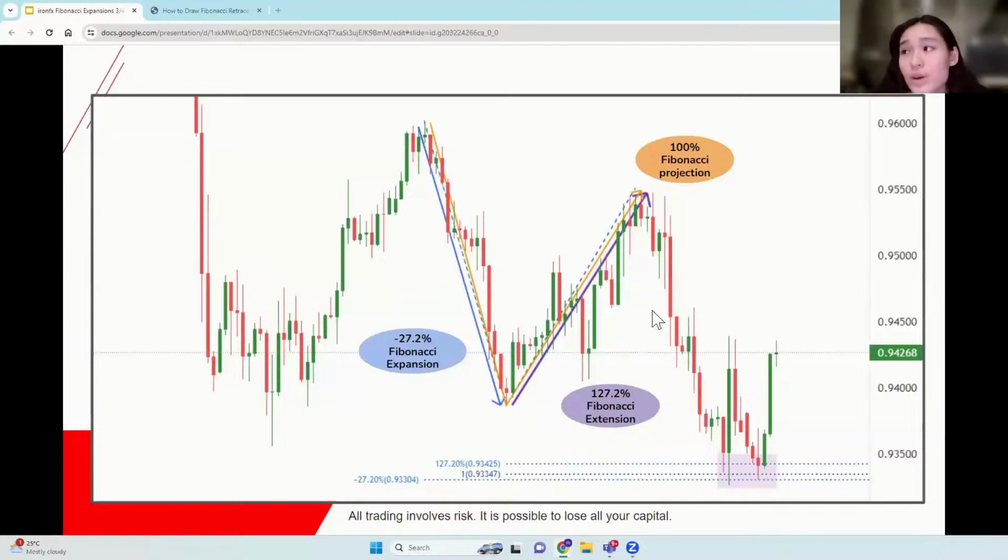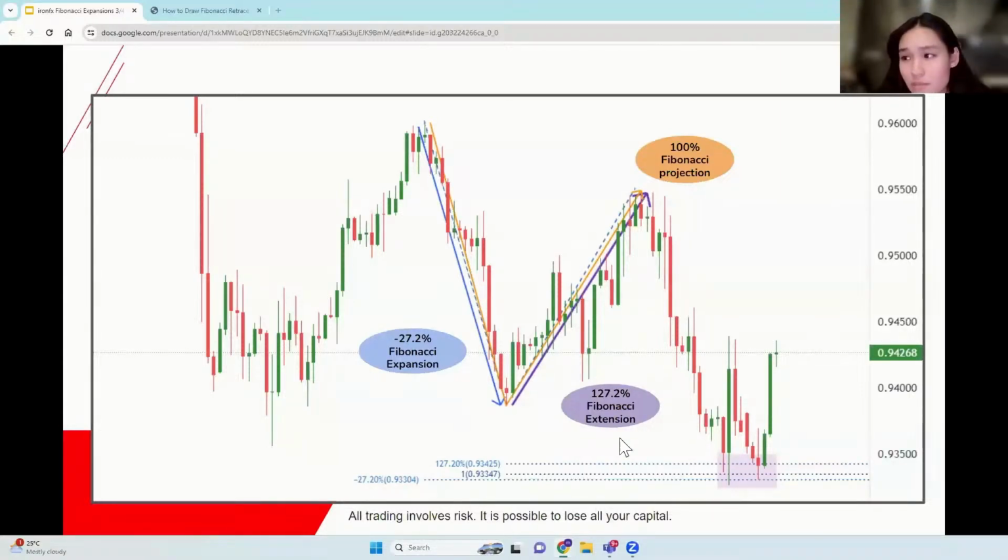And then we also have a 100% Fibonacci projection, which is 3 points. The starting point is here, middle point here, and ending point here. Those three levels all line up in the same area, which gives us this very nice confluence area where we can expect price to bounce off of this very strong support level.